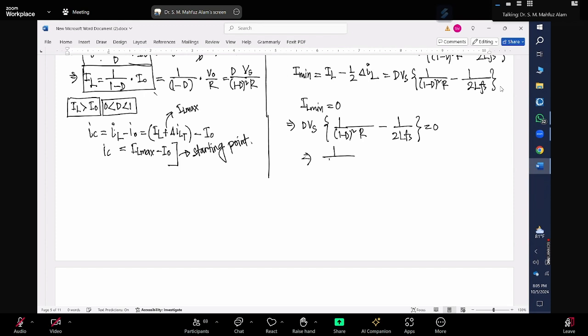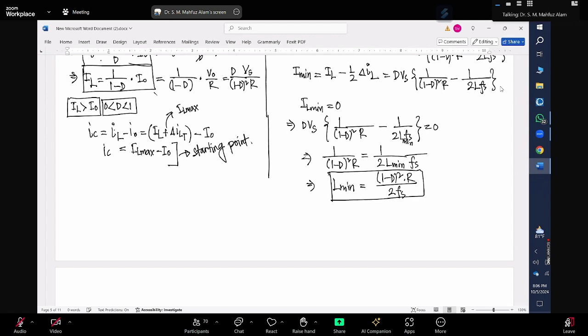So we can write 1 over 1 minus D whole square multiplied by R should be equal to 2 L min multiplied by Fs. So what should be the L min value then? L min should be equal to 1 minus D whole square multiplied by R over 2 into Fs. That should be the equation for L min.